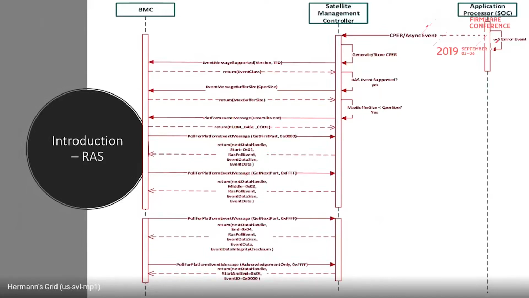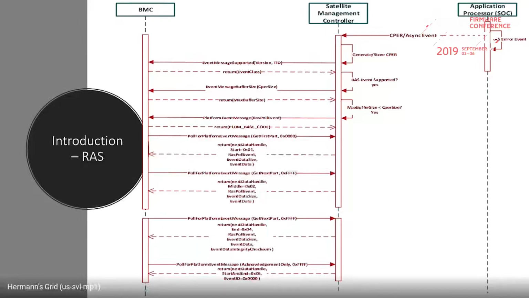So the satellite management controller, based on the list of event classes that are supported, determines, yes, the RAS event is supported. Let me send the size of the error record to the BMC. So next, it invokes the platform event message buffer size, which is a standard API defined in the PLDM for platform and monitoring specification.